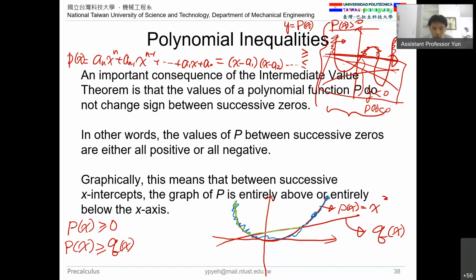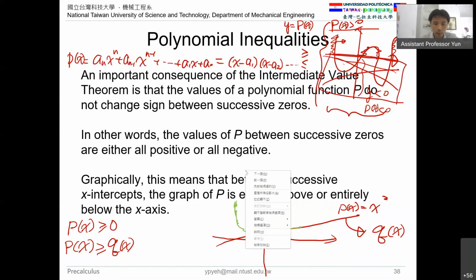Since we know that this is an inequality, then that will be equal to this region here, because the function is only satisfied when p of x is larger than or equal to q of x here.